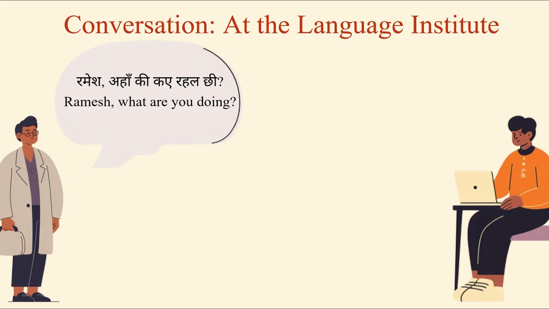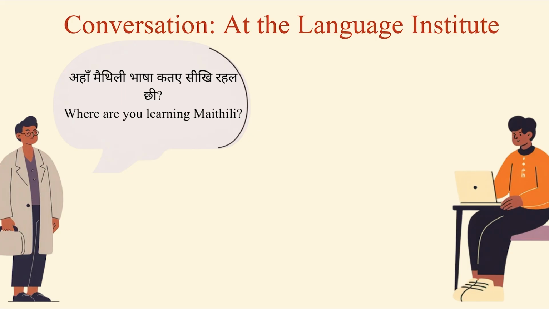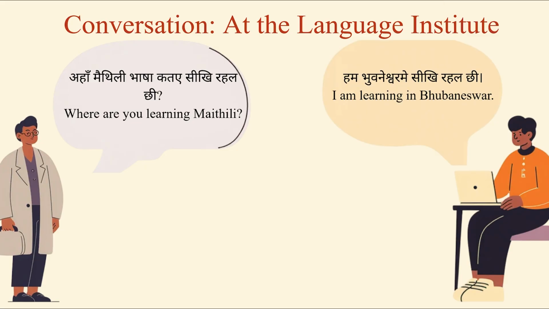Ramesh, अहाँ की कह रहल छी? Ramesh, what are you doing? हम मैथिली भाषा सीख रहल छी. I am learning Maithili language. अहाँ मैथिली भाषा कतय सीख रहल छी? Where are you learning Maithili? हम भुवनेश्वर में सीख रहल छी. I am learning in Bhubaneswar.